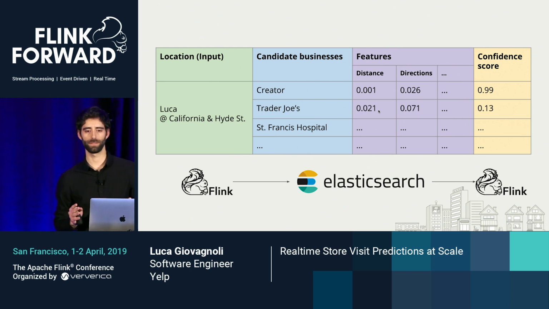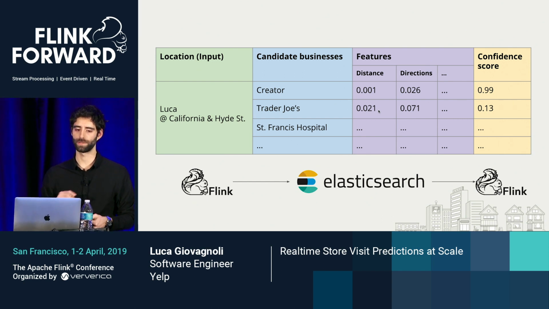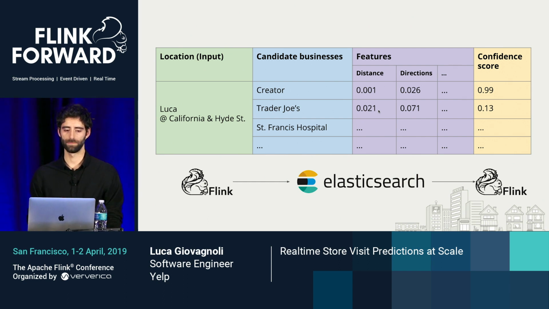Because if I'm asking how to get there, and then I'm close to that neighborhood, then it's very likely I might be there. So that's a very good signal for us. And all this data gets back to Flink. We put the confidence score in, we create store visits, and we put them back into our output stream.